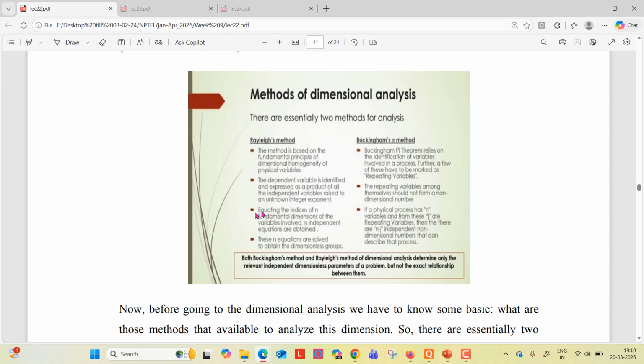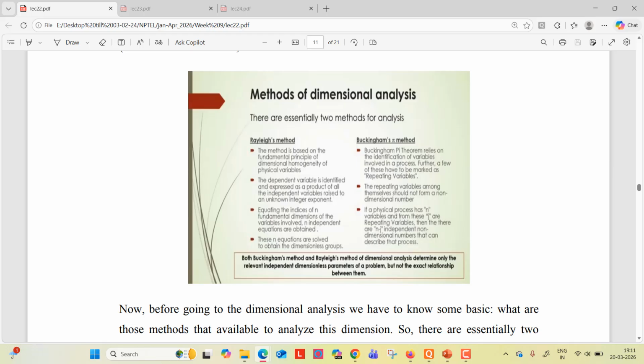Then comes equating the indices of n fundamental dimensions of the variables involved, and n independent equations are obtained. The fourth step is that these n equations are solved to obtain the dimensionless groups.